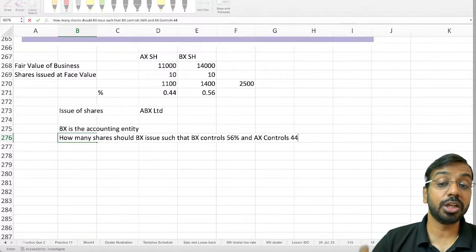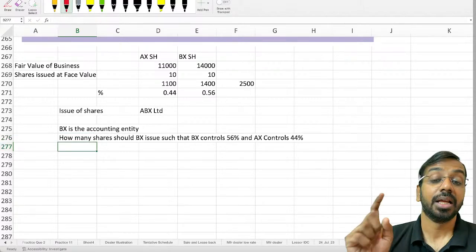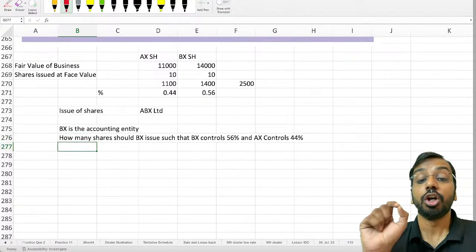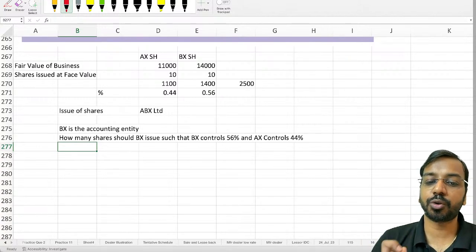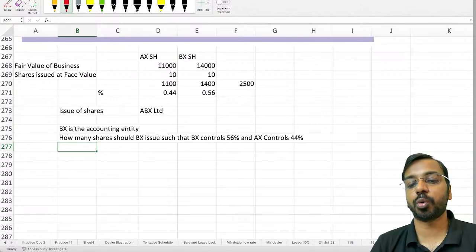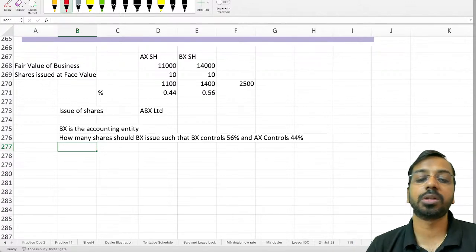We are not actually issuing shares. Again, I am repeating, we are not actually issuing shares, but notionally, how many shares should BX issue such that BX controls 56% and AX controls 44%?